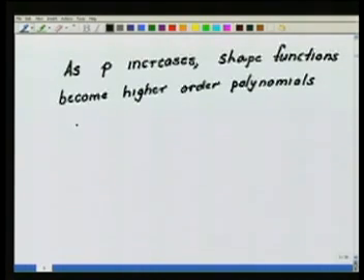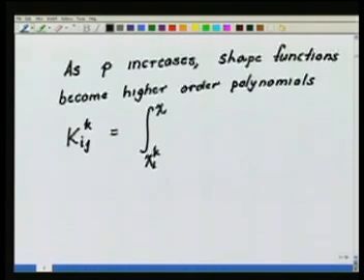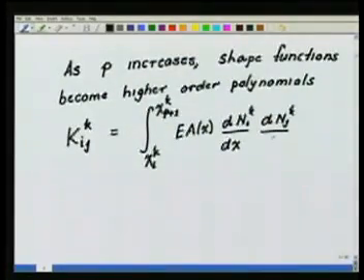So when I have to evaluate, what we had done, after this we went ahead and evaluated the stiffness entries at the element level. So this we had done like this. You could have the integral of EA(x) dni/dx dnj/dx over element k.